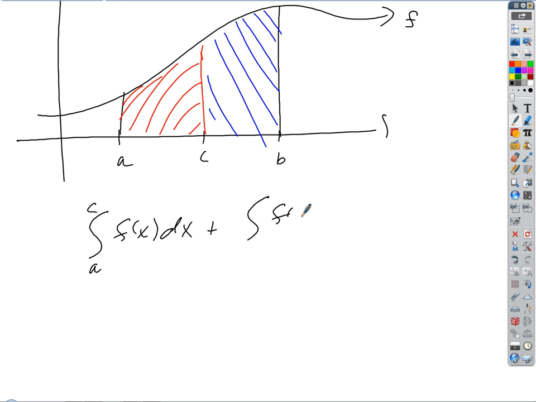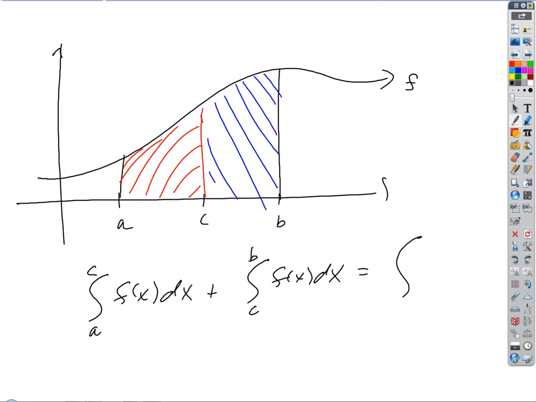Wow, that's easy, okay. So what's the answer to that? Well, what is this saying? Now I want you guys to be thinking of this in terms of an area, right? That's the area under the function from A to C, plus the area under the function from C to B must just equal what?